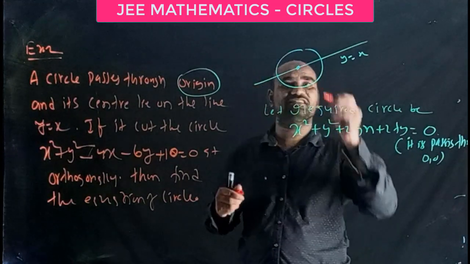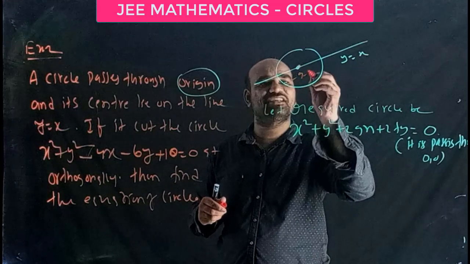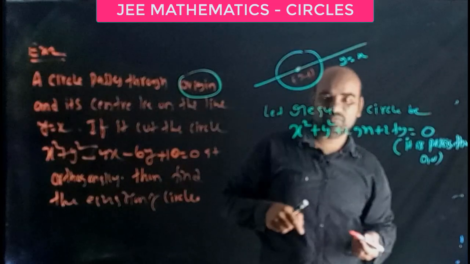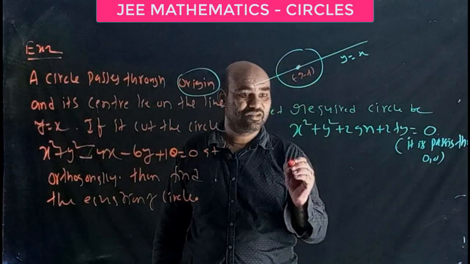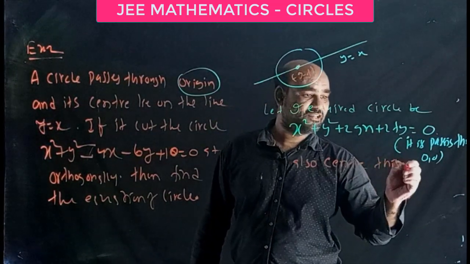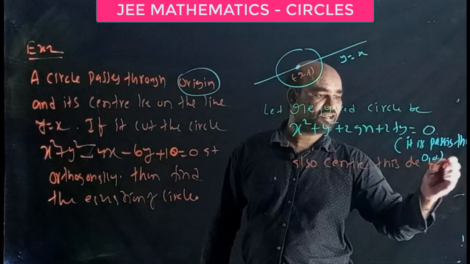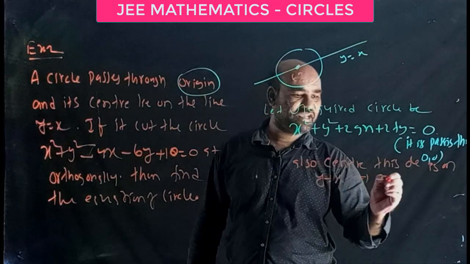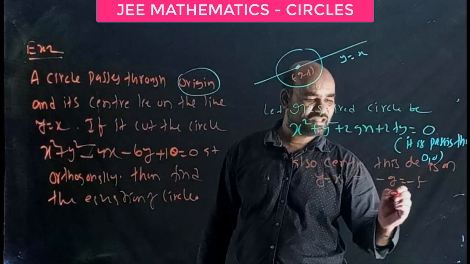One more interesting thing: the center is actually (-g, -f), but y equal to x means the x coordinate and y coordinate are both the same, so minus g equal to minus f. Also, this circle is on y equal to x, implies minus g equal to minus f, or g is equal to f.